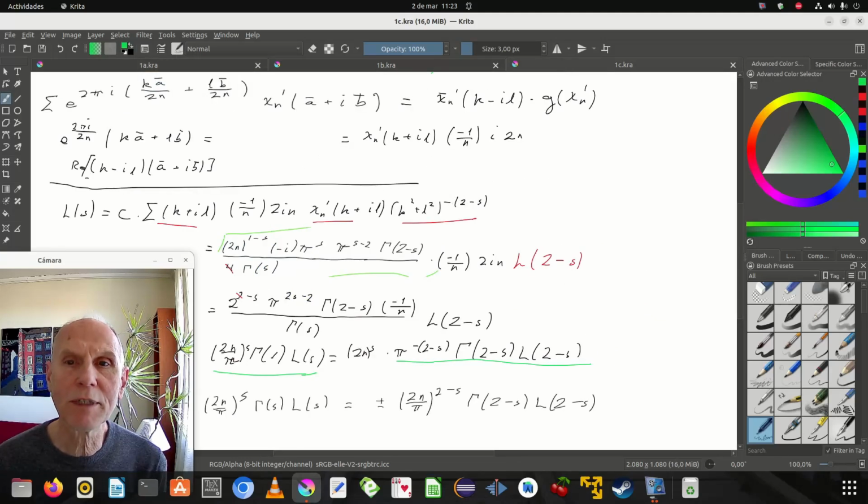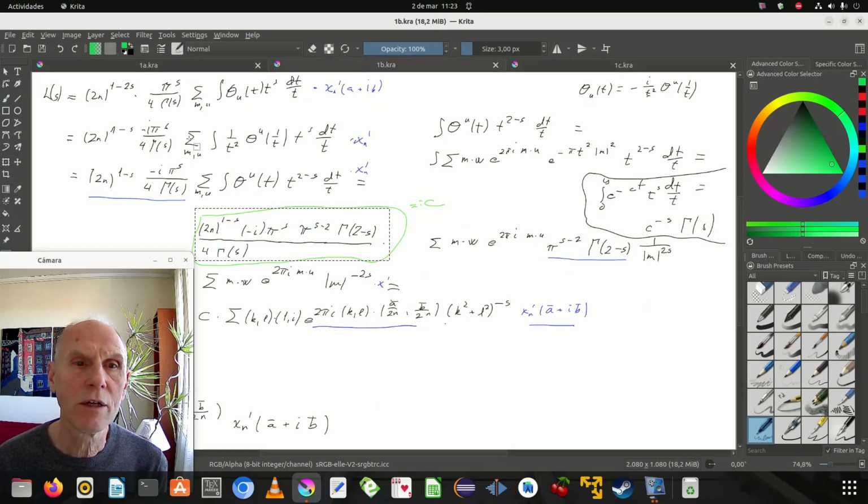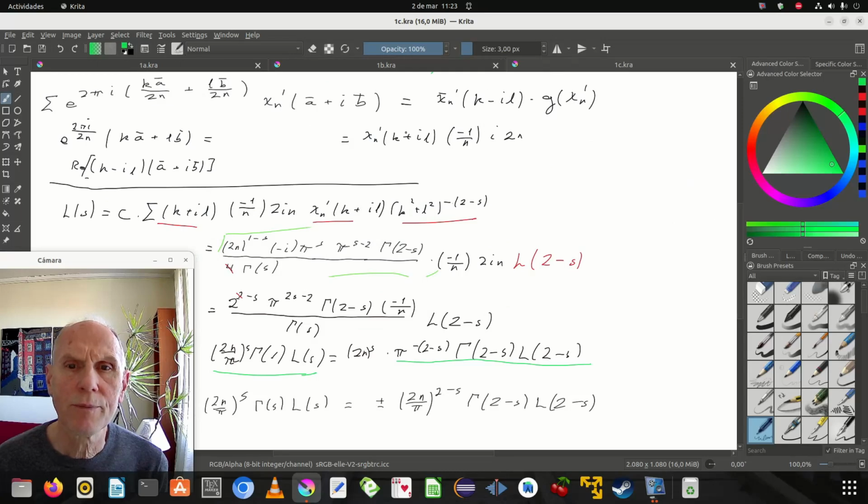Then I made a little mistake. Where was it? Yeah, this guy should of course be n halves, because it doesn't exist even if n is even, and n is of course assumed square free, so n halves is odd.